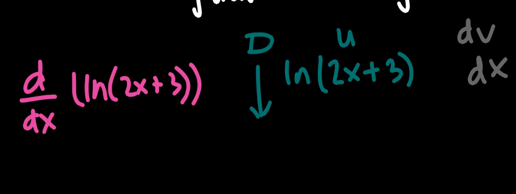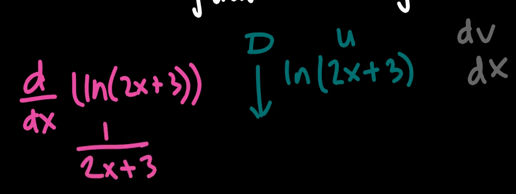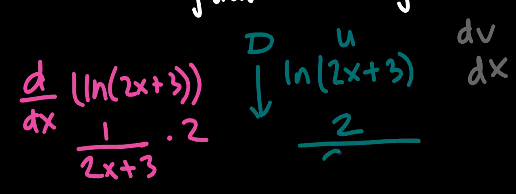So this would be 1 over 2x plus 3. And then using the chain rule, the derivative of 2x plus 3 is 2, so we'll multiply by 2. Once we differentiate it, 2 over 2x plus 3 is our derivative.